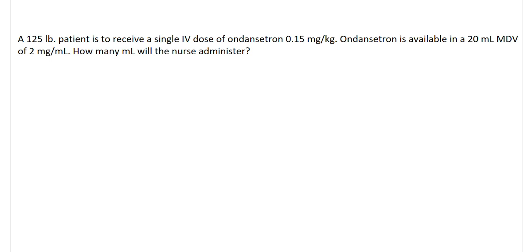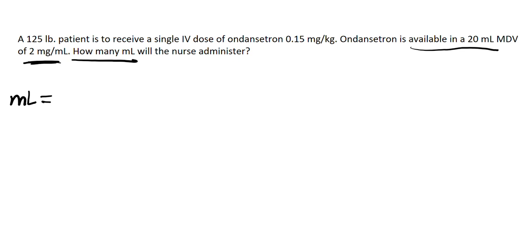Well, hey, we go right into asking what is it looking for? Milliliters. We're going to start with milliliters. What do we have available? Remember, don't let them trick you up with this. It's available in a 20 milliliter vial, but we're looking at the concentration here.